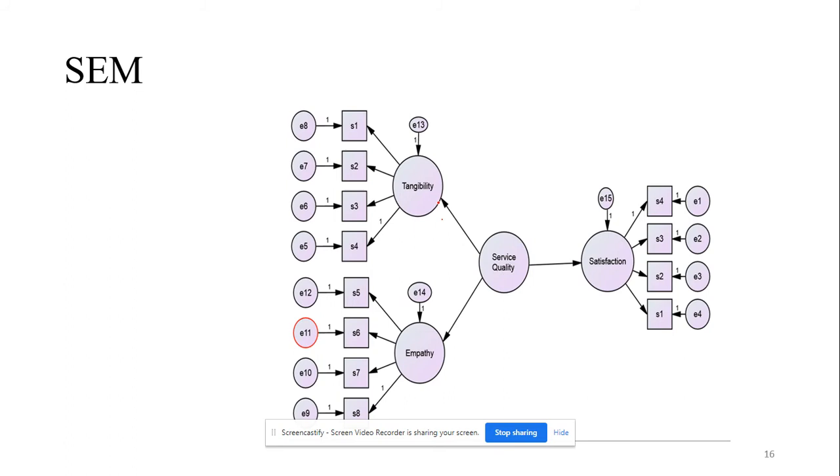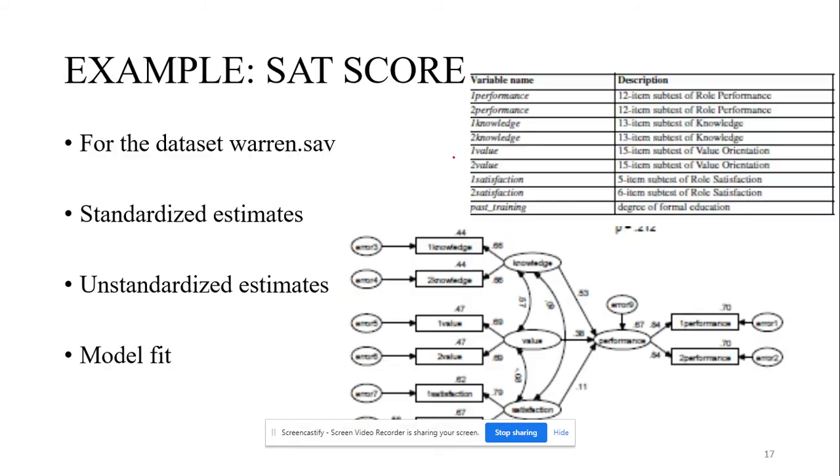Service quality is a latent variable which itself consists of tangibility and empathy, two other latent variables, and these two latent variables are themselves measured through observed variables. Tangibility comes through four observed variables S1 to S4, and empathy comes from S5 to S8, four others. Satisfaction is a latent variable measured by observed or measured variables. Of course, these have error terms.